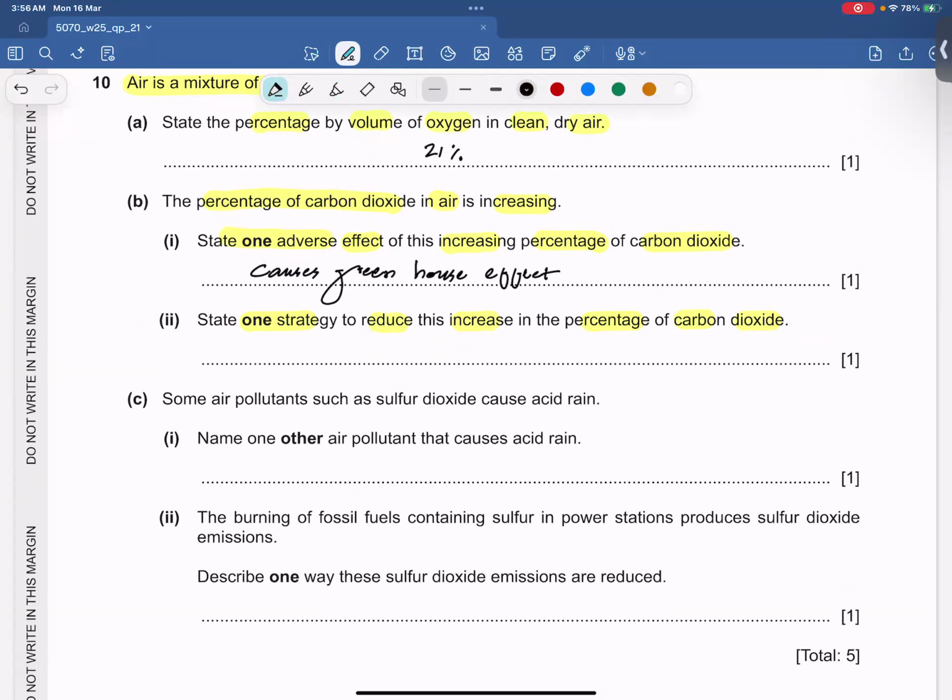Use electric vehicles, or use renewable sources of energy, or plantation.